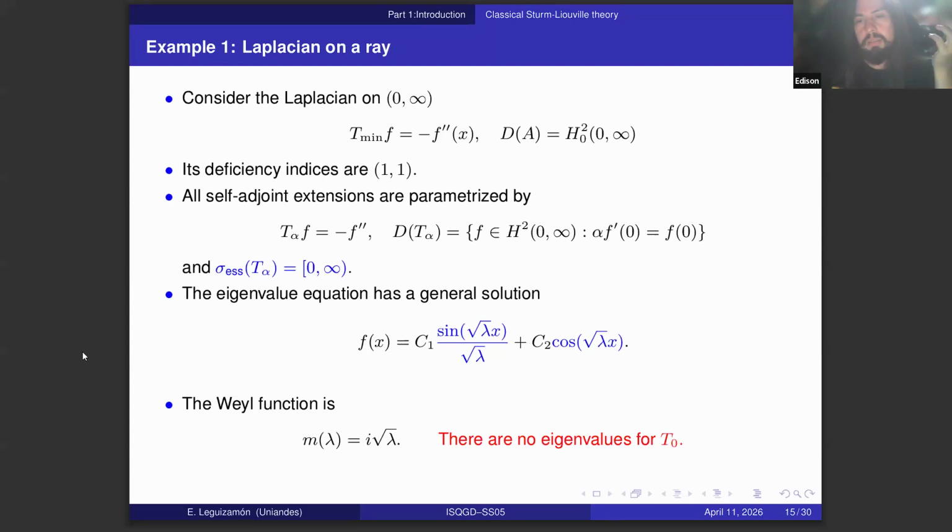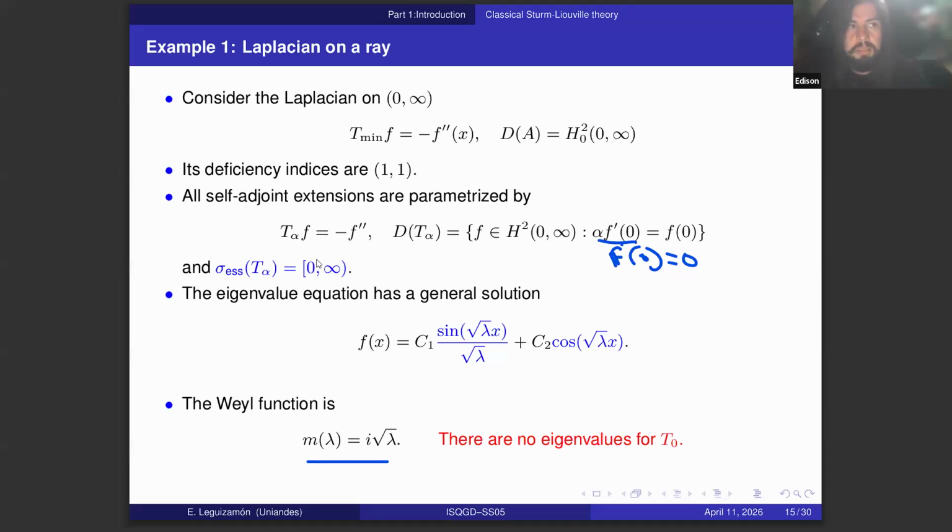In the case of the self-adjoint extension when alpha is equal to 0, we have the boundary condition f(0) equal to 0. Something that I would like to focus on here is that the Weyl function can detect eigenvalues even in the essential spectrum.